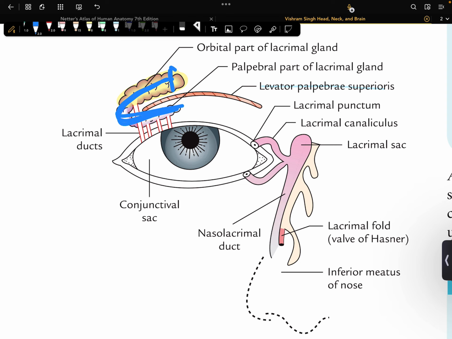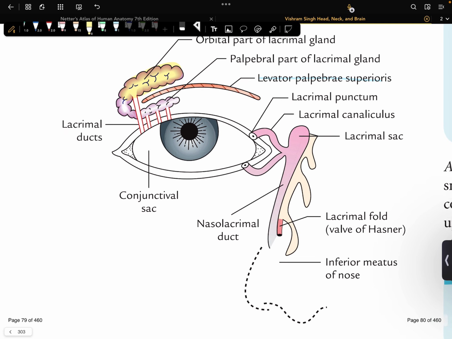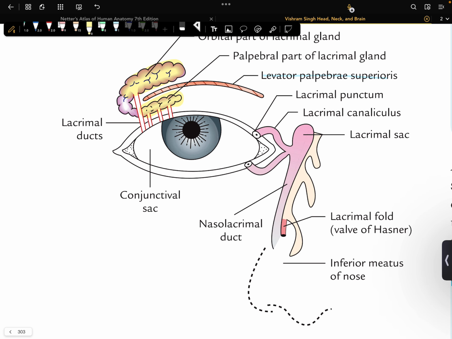This is the J, right? The upper orbital part of the lacrimal gland is almond shaped, and we can see many ducts. The palpebral part is one third the size of the orbital part.